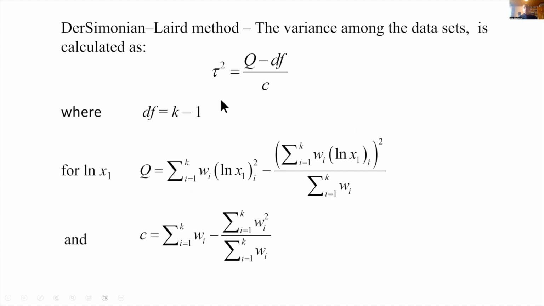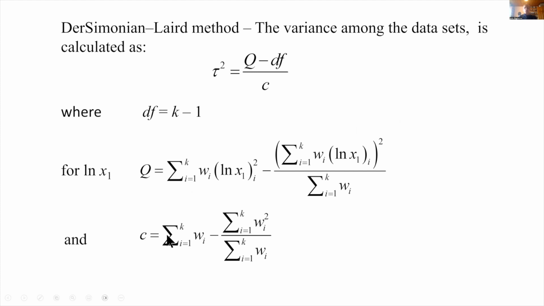Well, that's not too bad because we know the number of data sets, we know the experimental values, so we know all that. The W's we get from the standard deviations. So actually we know everything to do this calculation, or at least in principle we do. And the same here, our C is simply the sum.